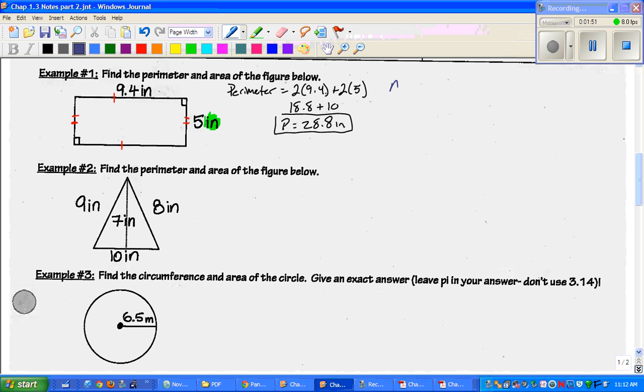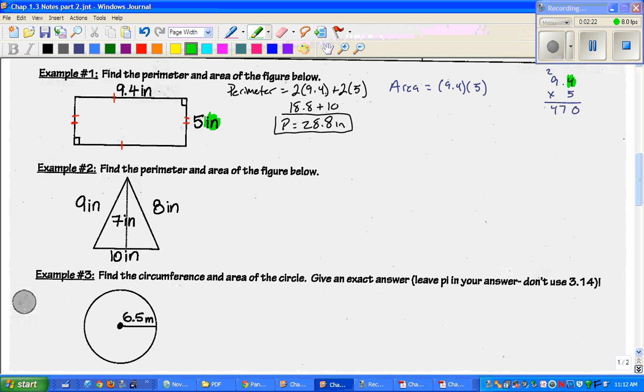Now the next is the area. Area equals the length times the width. So we have 9.4 times 5. And if you need to do a little work off to the side, since we're doing this without a calculator, 5 times 4 is 20, bring down the 0. 5 times 9 is 45, plus the 2 is 47.